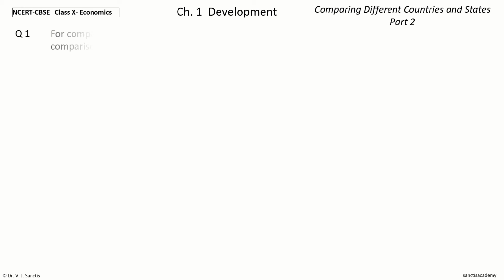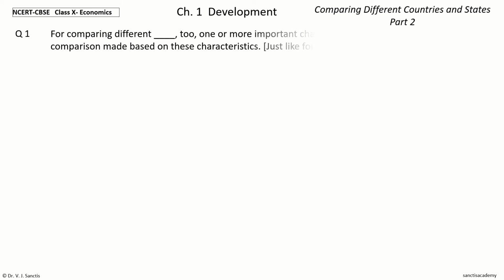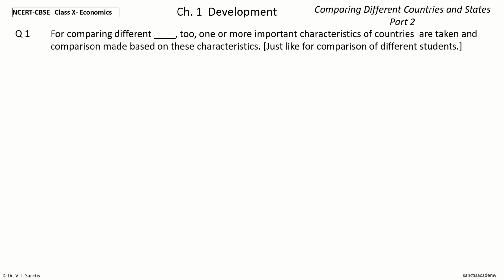Question 1. For comparing different dash, one or more important characteristics of countries are taken and comparison is made based on these characteristics, just like for comparison of different students. The options are planets, galaxies, oceans, countries.